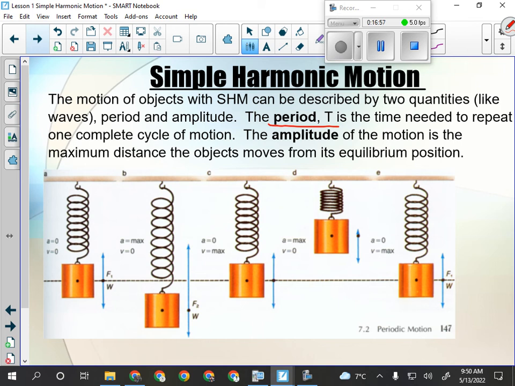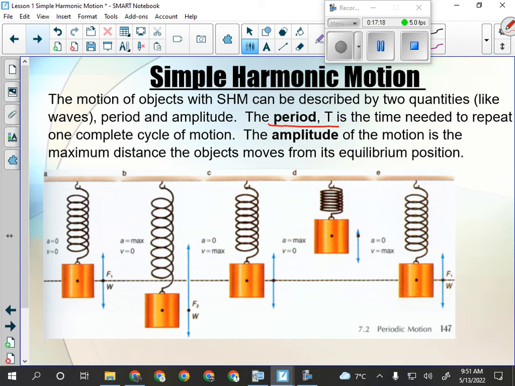Okay, now, when this pendulum oscillates, what would be the measurement of one cycle? From here to here, or from here back? Yeah, back to its starting position. That's one cycle. So it has to swing out and back to have one oscillation.